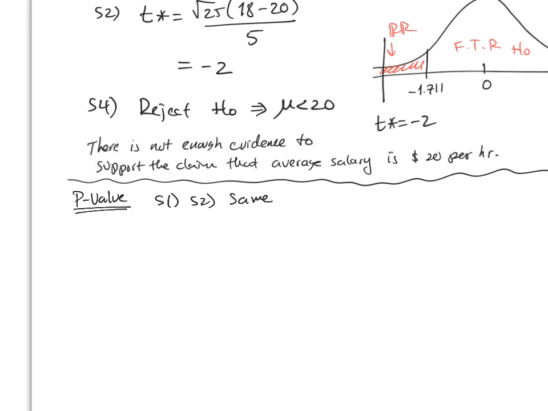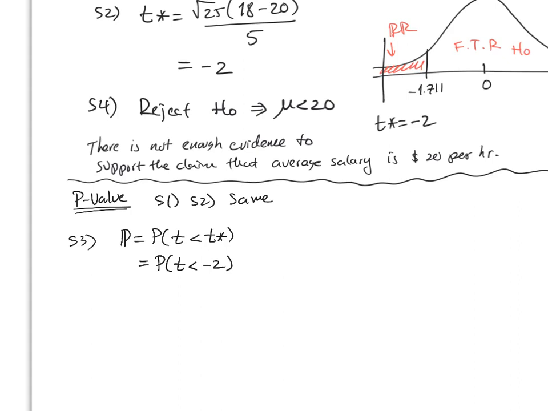That's not gonna change. Now, for step 3, the p-value is going to be the probability that t is less than t star, which in our case is the probability that t is less than negative 2.